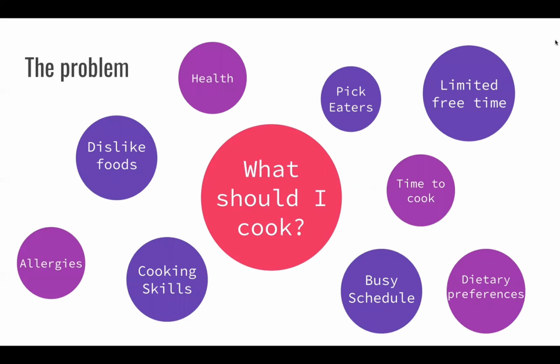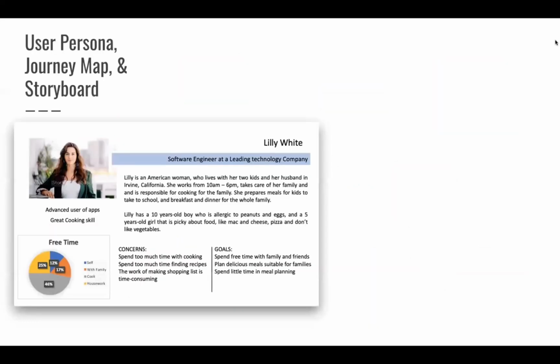This slide shows interviewees' concerns and when they plan their meals, from users' input. We created our persona, Nini White, a full-time software engineer who likes to cook for her family and struggles to find recipes that will fit her family's needs.